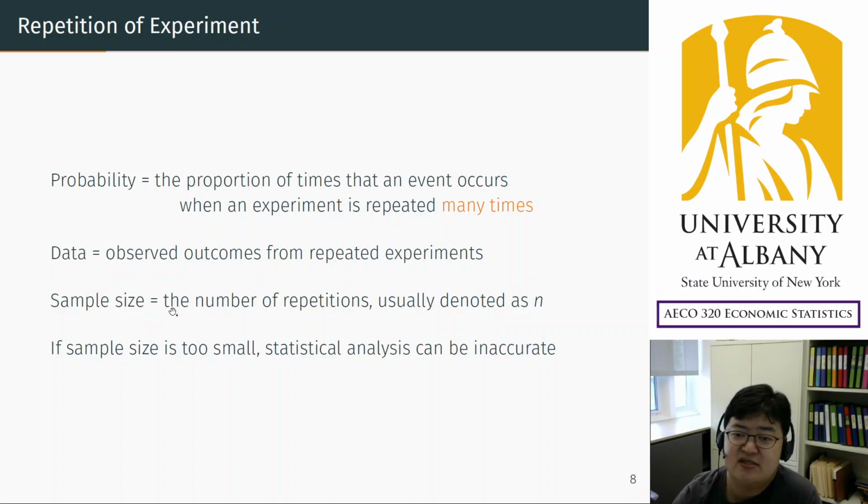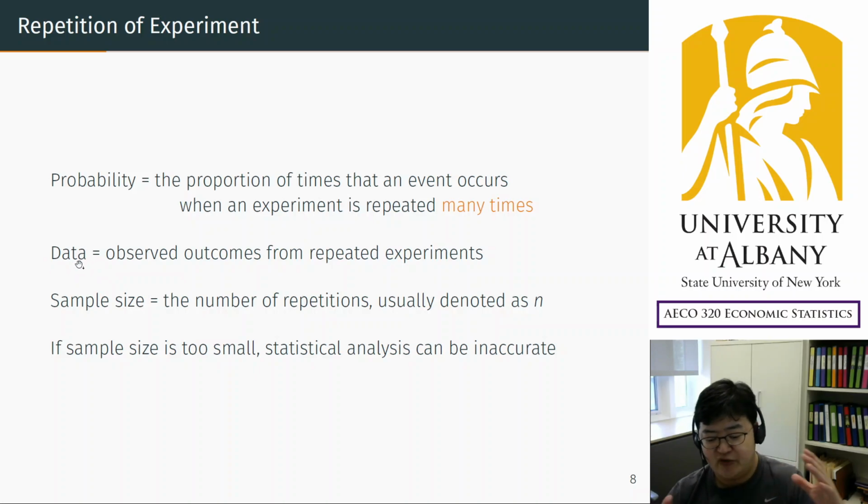And we call the number of repetitions the sample size. How many times the experiment is repeated, that's the sample size, which is the same as the number of observations in the data. So if your data includes 1,000 observations, that means the experiment has been repeated 1,000 times, so we say that the sample size is 1,000.